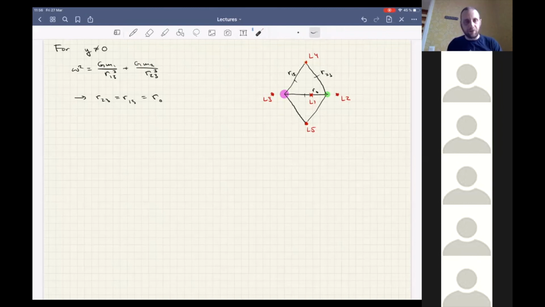As it turns out, if you look at the corrections to those stationary orbits, if you look at the orbits around L4 or L5, there can actually be stable orbits there, which is a bit counterintuitive because L4 and L5 are both local maxima of the potential.